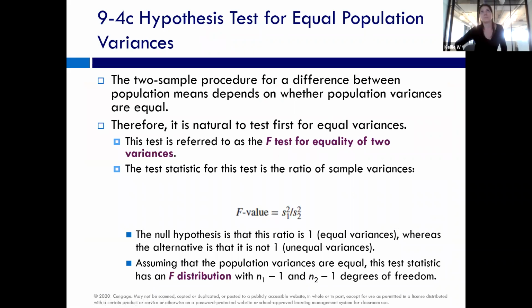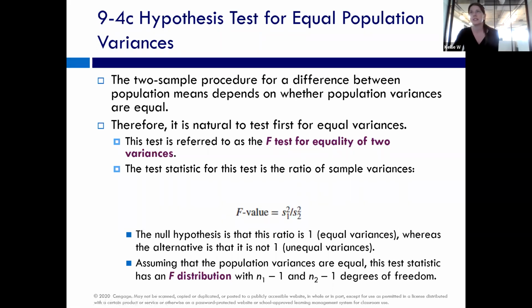Okay, we can also do a hypothesis test for equal population variances. So the two sample procedure for a difference between population means depends on whether or not the population variances are equal. So it's not uncommon to test for equal variances first. And the test to do that is called the F-test for equality of two variances.